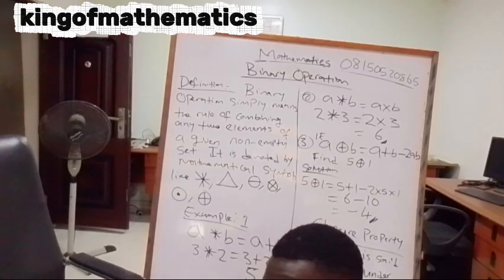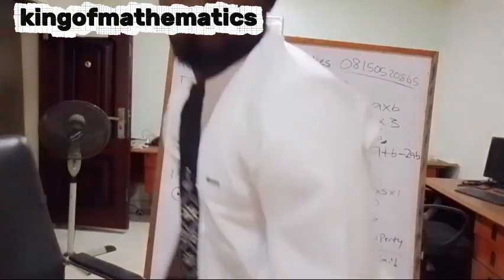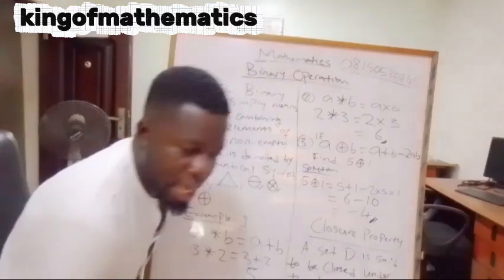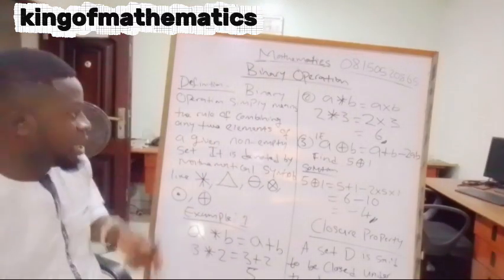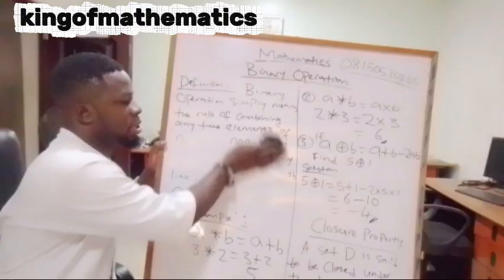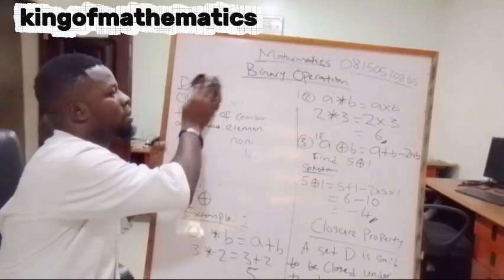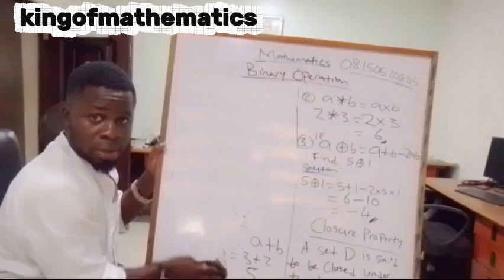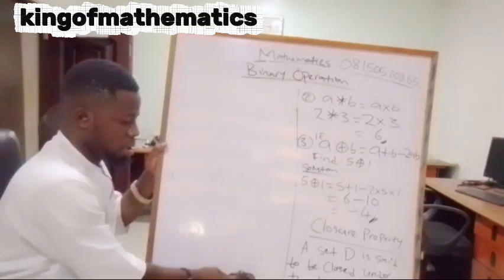Let me rub this place off. Is it showing? That place is not showing. Let me just rub it off and write it in this place so that we can see it properly.